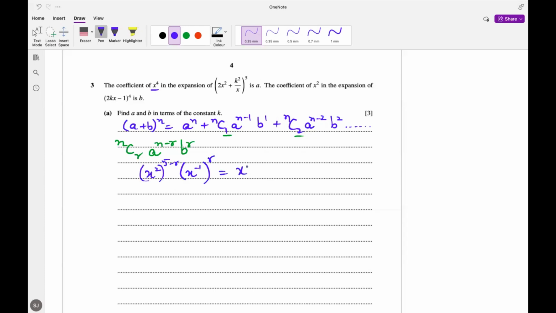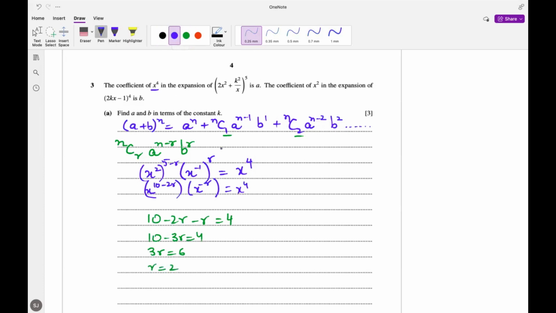And this is equal to x^4. Simplifying this, we'll get x^(10−2r) multiplied by x^(−r) equals x^4. Now, when we are multiplying, the powers add, so we'll write the powers as 10 − 2r plus −r. So minus 3r, so 10 − 3r will be equal to 4, or 3r will be equal to 6, and r will be equal to 2.